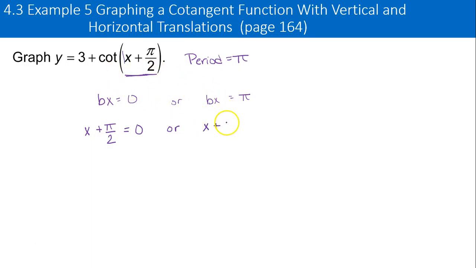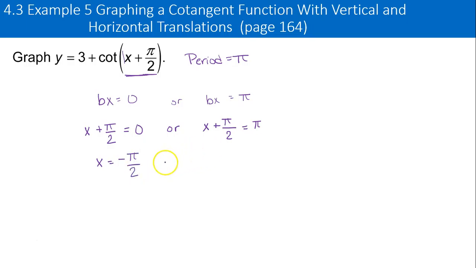equal to pi. And then solve for x. So here, solving for x, not so bad. Subtract pi over 2 from both sides, we get that.